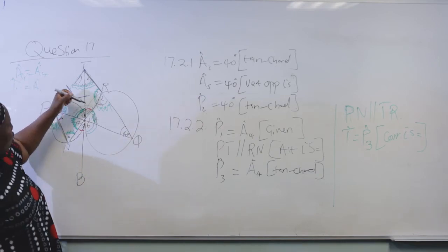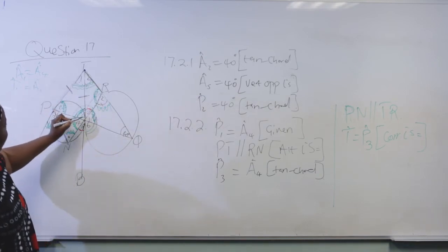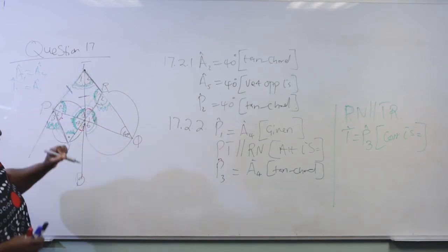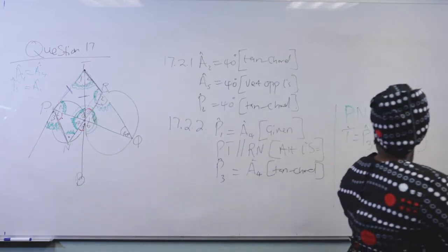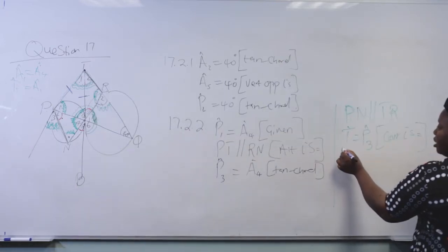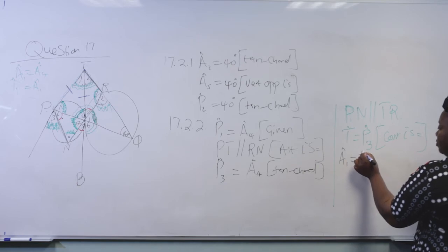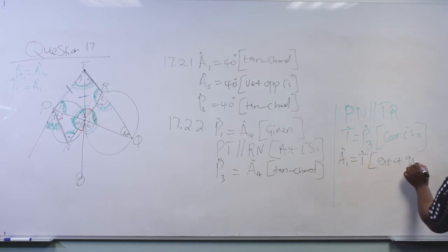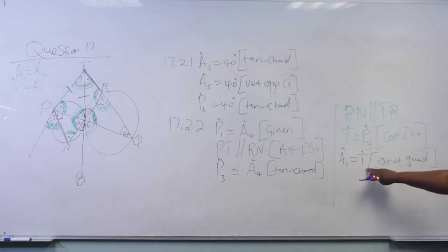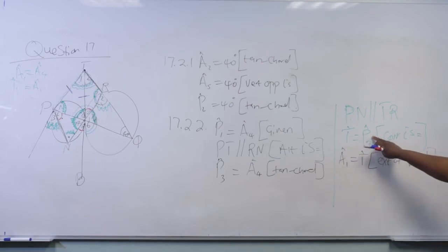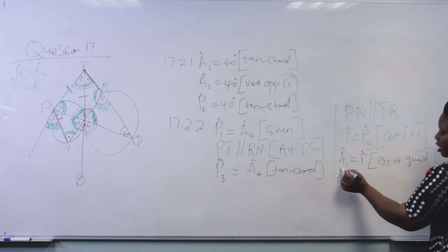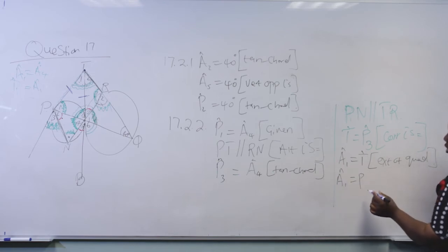That is the exterior angle of this cyclic quadrilateral being equal to the opposite interior one. So that is the case. Let's write that. We are saying A1 is equal to angle T. That is the exterior angle of a quadrilateral. Okay, if A1 is equal to angle T, and if T is equal to angle P4, that means that angle A1 is equal to P3.